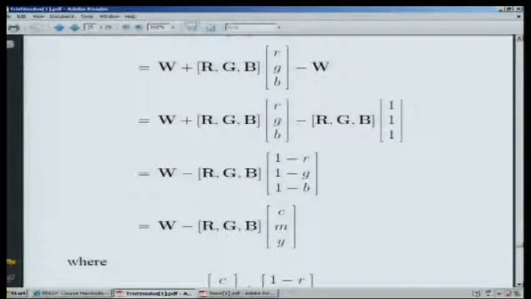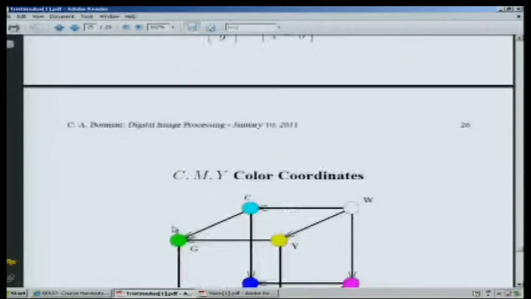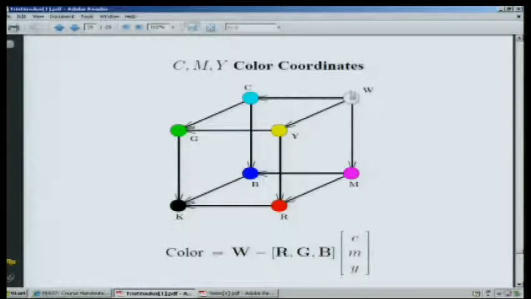So I can just manipulate the equations, and if I define 1 minus red, 1 minus green, and 1 minus blue to be cyan, magenta, and yellow, the tristimulus components, then I can think of cyan, magenta, and yellow as basis vectors in which I subtract the corresponding components of red, green, and blue from white. And that's what happens in a subtractive color system. So in a subtractive color system, you start at white, and then if you subtract blue, you get the yellow.